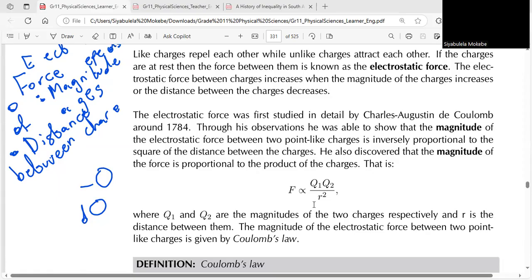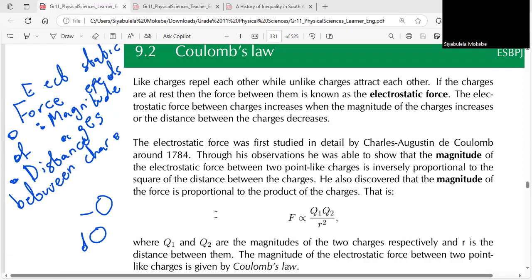That is, the force is directly proportional to the product of the charges and inversely proportional to the square of the distance between them, where Q1 and Q2 are the magnitudes of the two charges respectively, and r is the distance between them. The magnitude of the electrostatic force between 2 point-like charges is given by Coulomb's law.